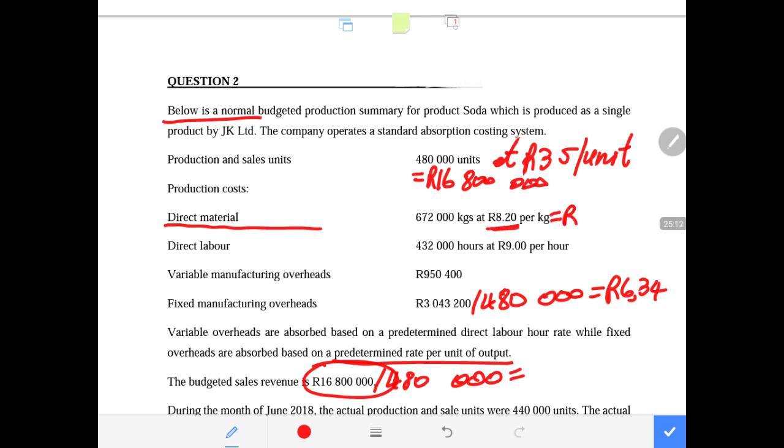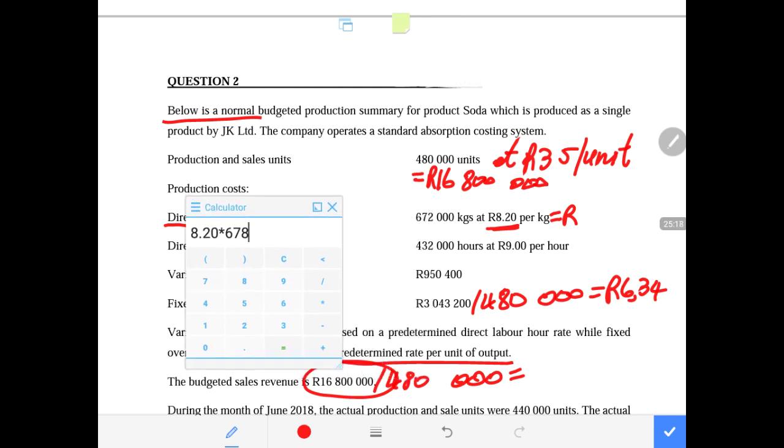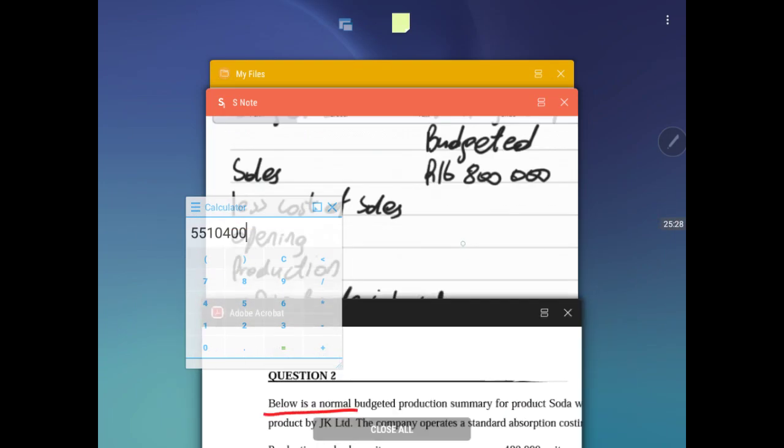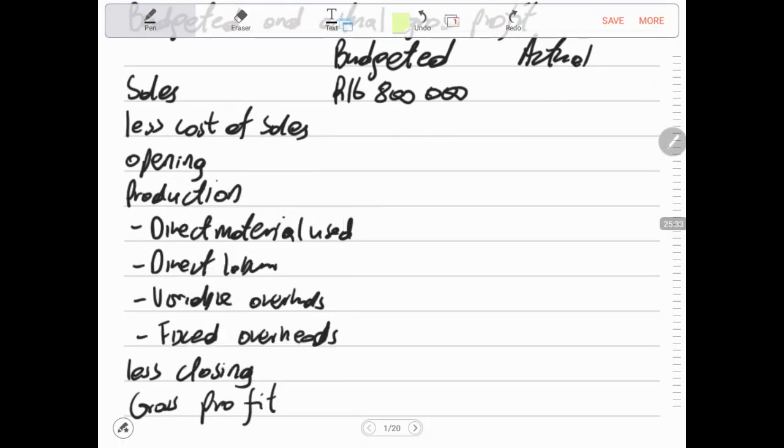Therefore the sum of that will be 8 rand 20 cents multiplied by 672,000, and this gives 5,510,400.